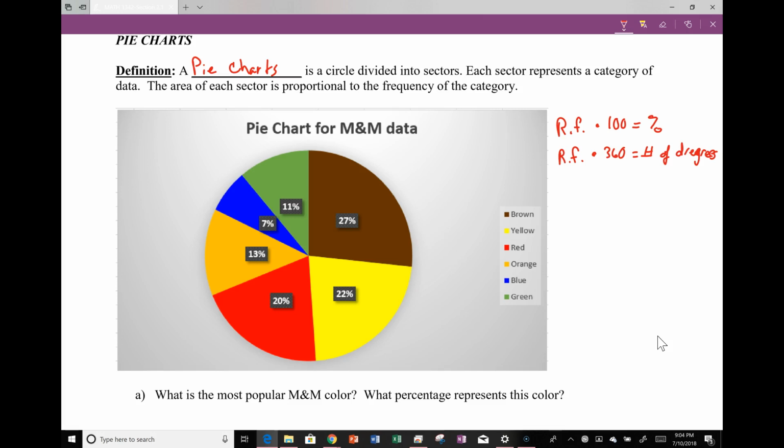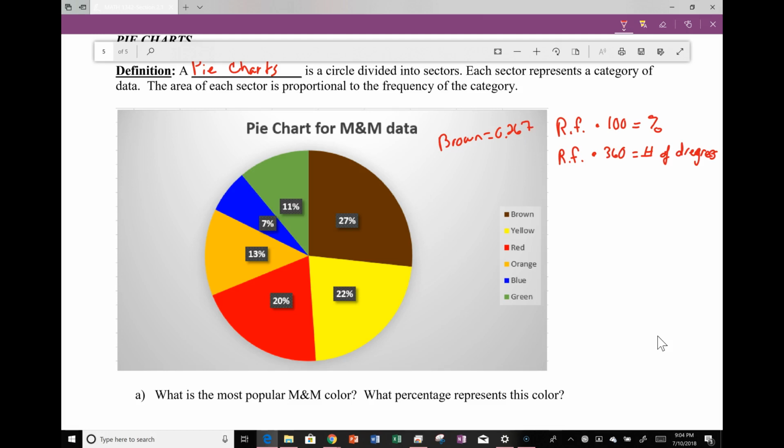And so whenever I look at it, let's say for instance the brown of our M&Ms was approximately 27%. Our relative frequency for brown was, let me look back, 0.267.